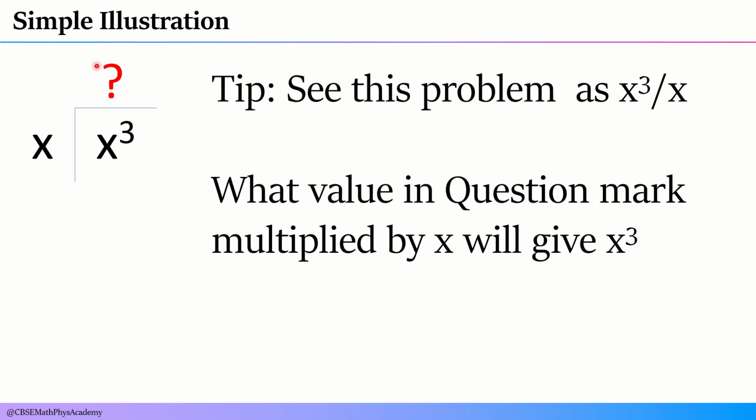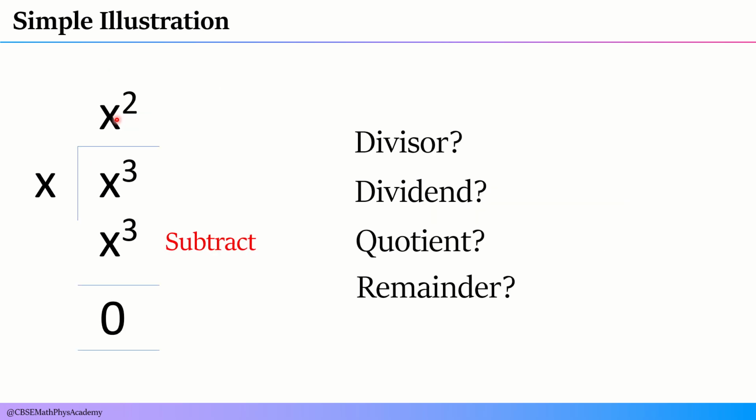So it is x square in this case. X square into x will give you x cube. After you get the value of x cube, you subtract it. Now the divisor is x, the dividend is x cube, the quotient is x square, and the remainder is 0.